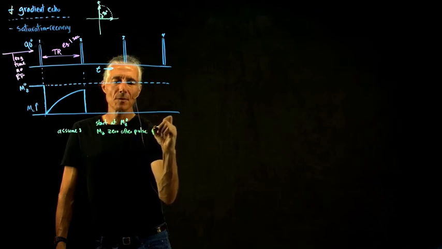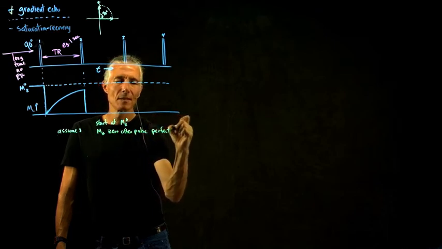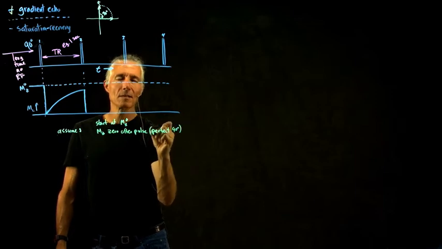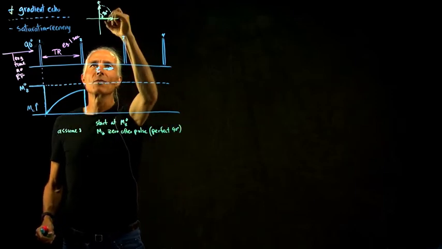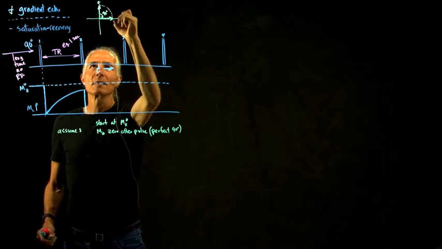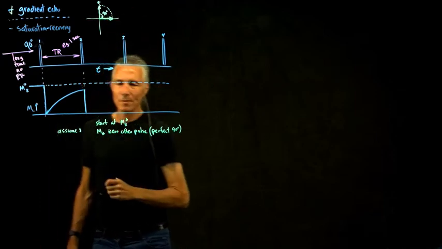What does that mean? That means a perfect 90. So there's no MZ; MZ is equal to 0 after the pulse.